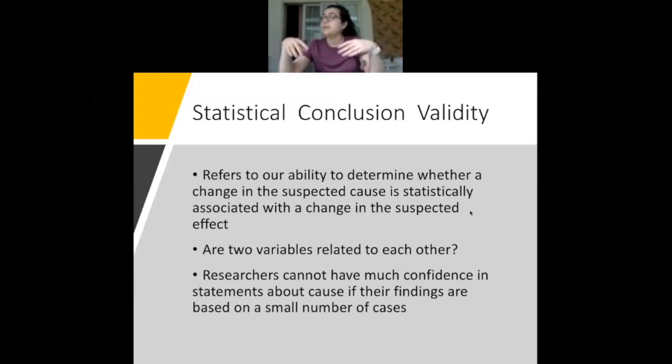Maybe it's -0.5. So it's looking at the estimate of how those relationships are and whether or not there is one, and statistical analysis does that. That's why you can call it statistical conclusion validity, because statistics is how we analyze whether or not there are relationships between variables.